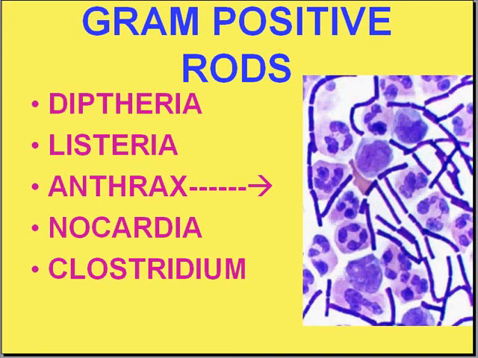It's not my desire to go into the details of all these diseases. We may do that when we get into the organ systems, or we may not, but I think it's worth saying a couple words about each one. Diphtheria is a serious disease that is really no longer seen because of immunization, at least in this country.